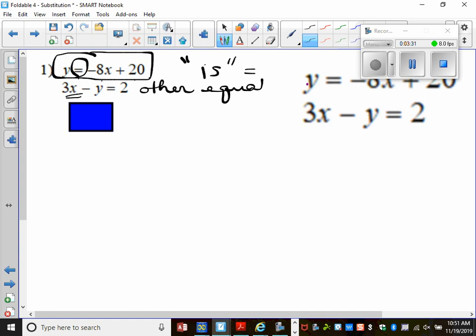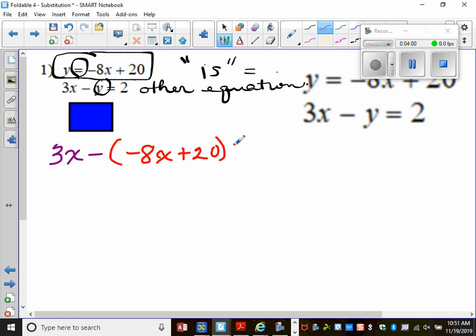So this is my other equation. Where I see y, because the y was the one that was isolated, I am going to substitute it with, and I'll put the substitution in red, negative 8x plus 20. There's the first substitution right there.